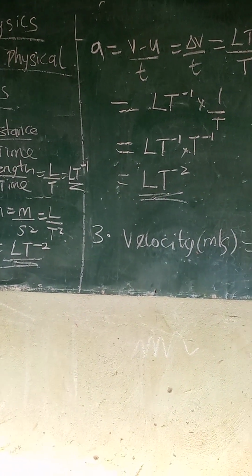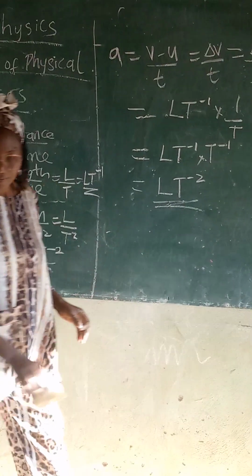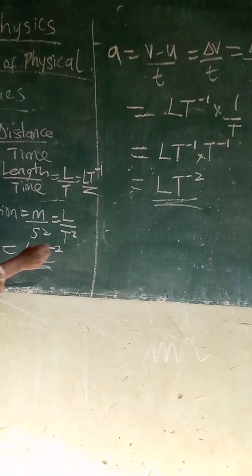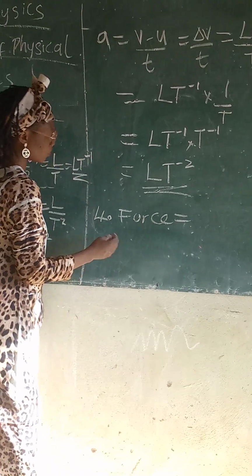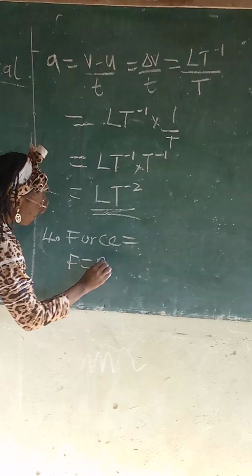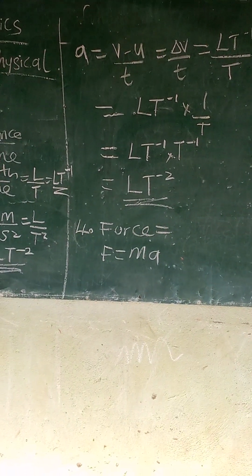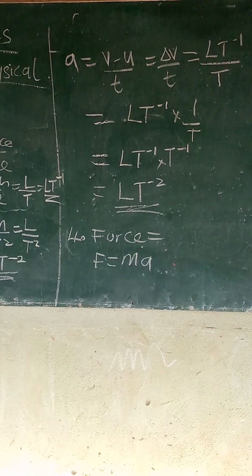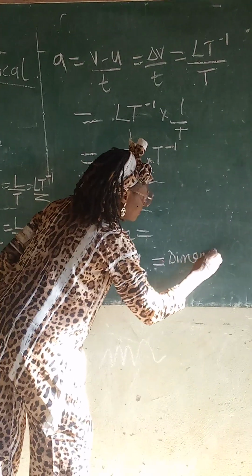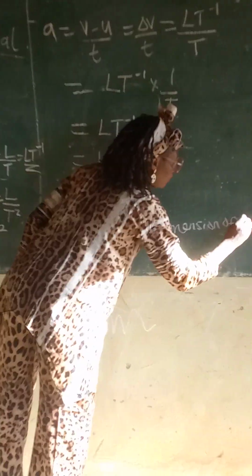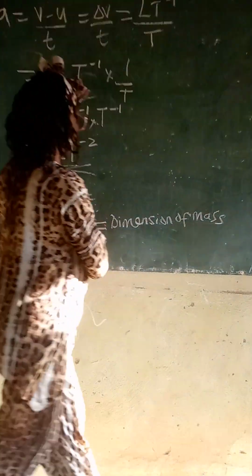Lastly, let's quickly look at force. What is force? The formula of force is MA. So we have the dimension of mass times the dimension of acceleration.